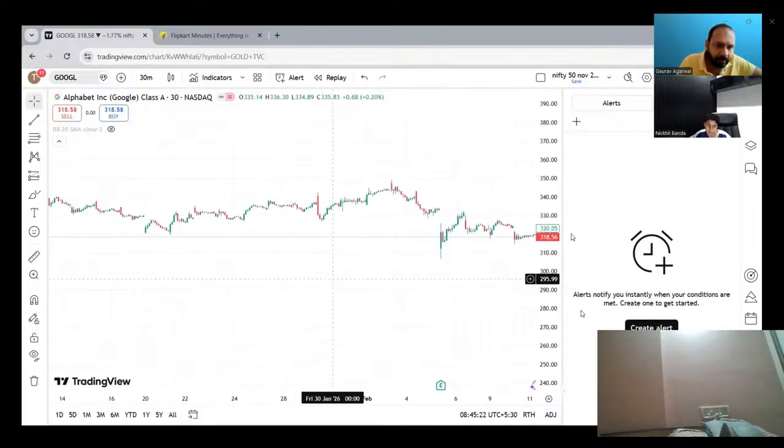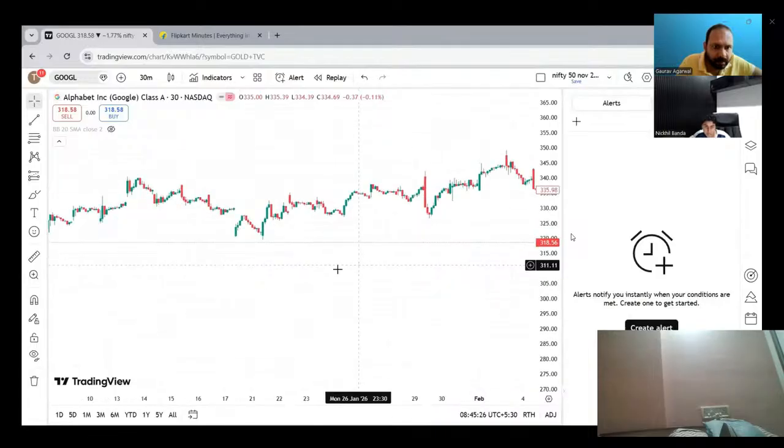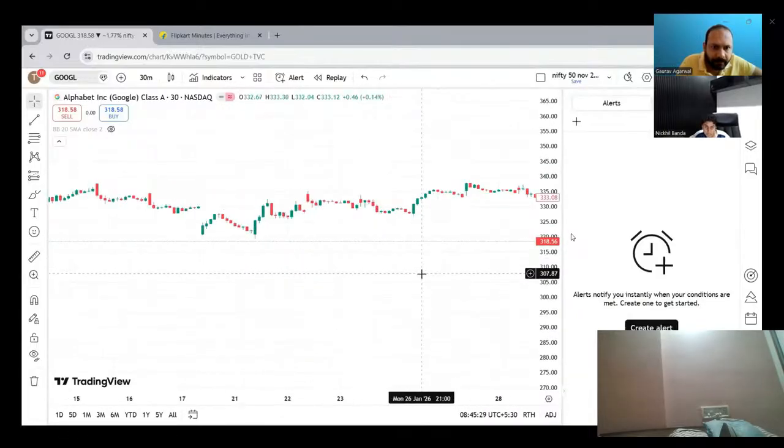I saw that pattern actually somewhere here. I just want to show you that pattern, the inside candle.